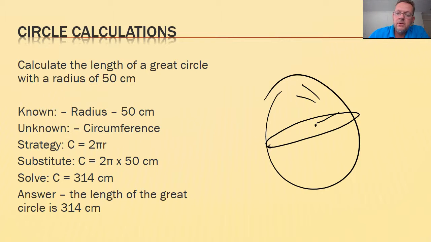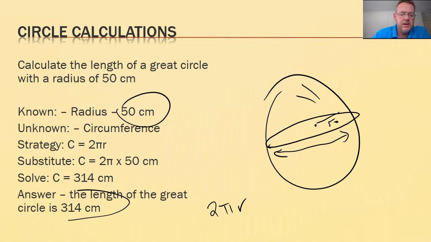We have a radius of 50, and it's asking what is the circumference of this circle when the radius is 50. So we remember that it's 2 pi r for the circumference of a circle. So it's just 2 times 50 times pi, and that should give us a length of 314 centimeters.